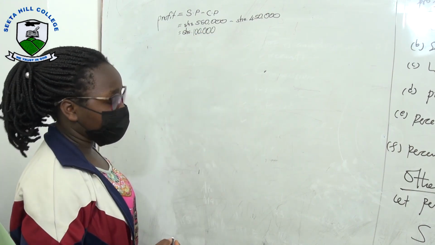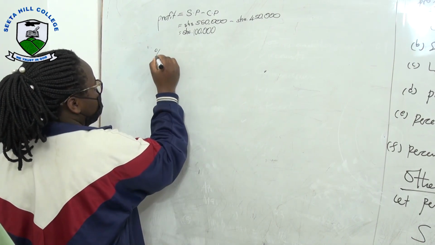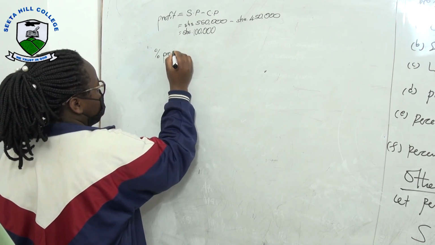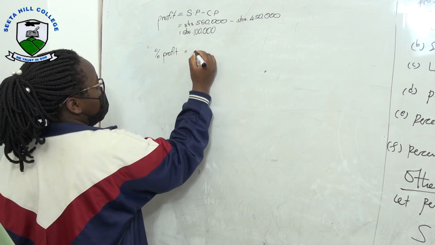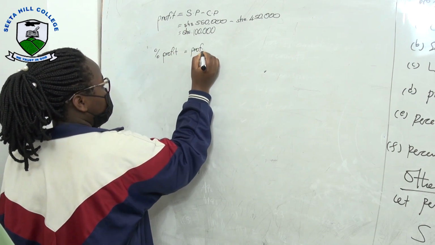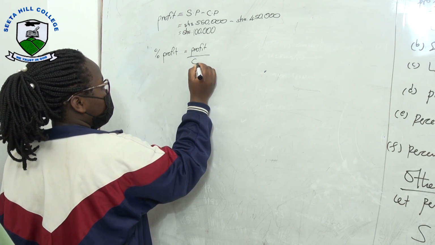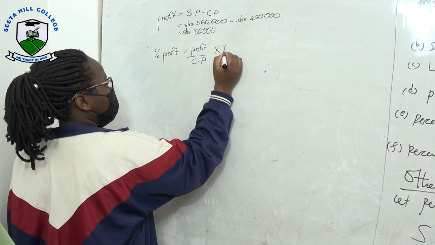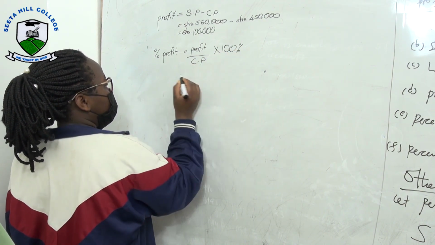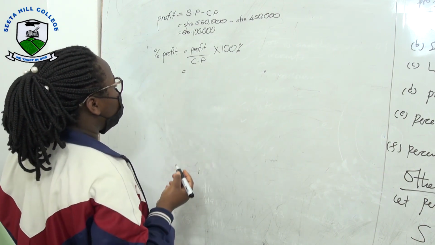So the question is asking us to find percentage profit. And how do you find percentage profit? Profit out of the cost price times 100%. So we shall have to substitute in all these.